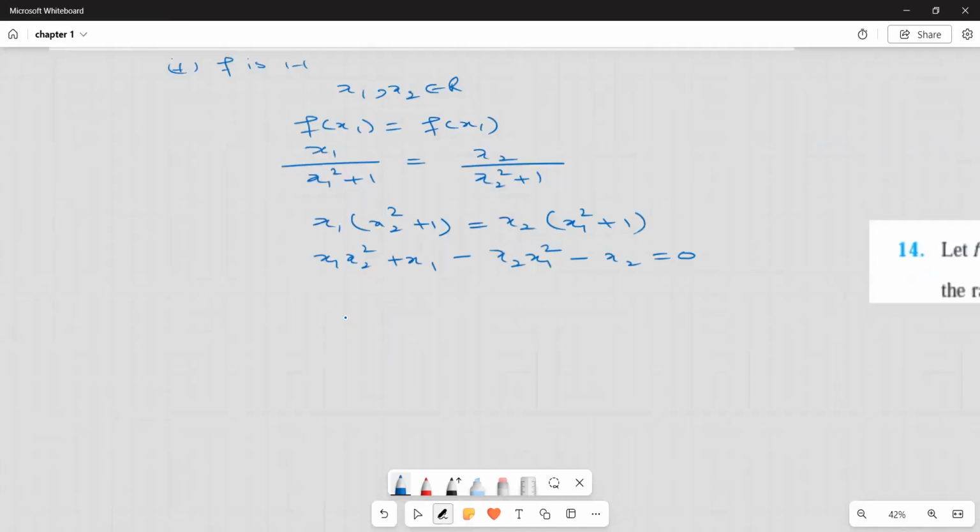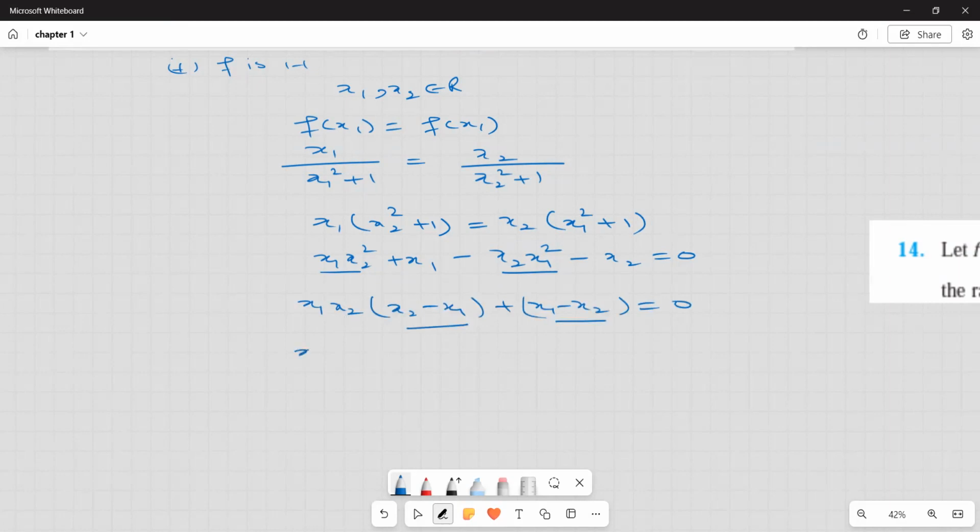Now, from this term and this term, take x1 and x2 common. So what are you getting? x2 minus x1, plus x1 minus x2. So x1 minus x2, can you make common? So this will be 1 from here, and from here it is coming minus x1 x2. Why? Because x2 minus x1 will change to this, giving you this minus, is equal to 0.